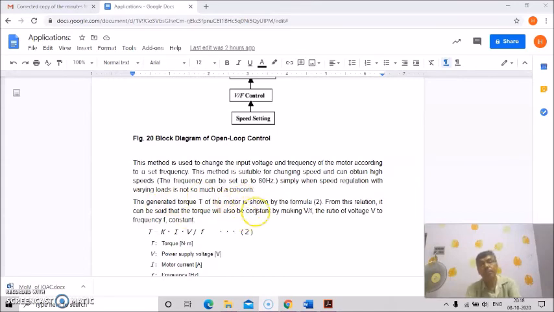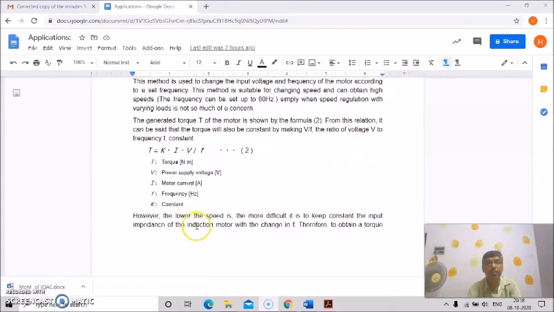The generated torque of the motor is shown by this formula, T equals K times I times V by F. From this it can be said that the torque will also be constant by keeping the ratio of the voltage V to the frequency F constant. T is the torque in newton meter, V is the supply voltage in volt, I is the motor current in ampere, F is the frequency in hertz, and K is a constant.